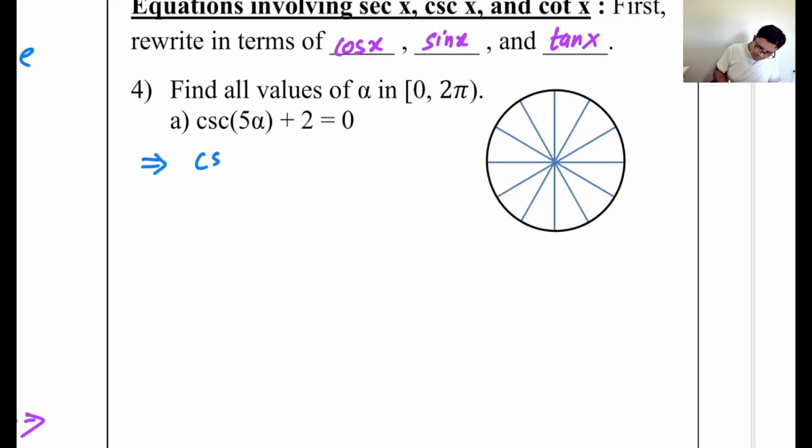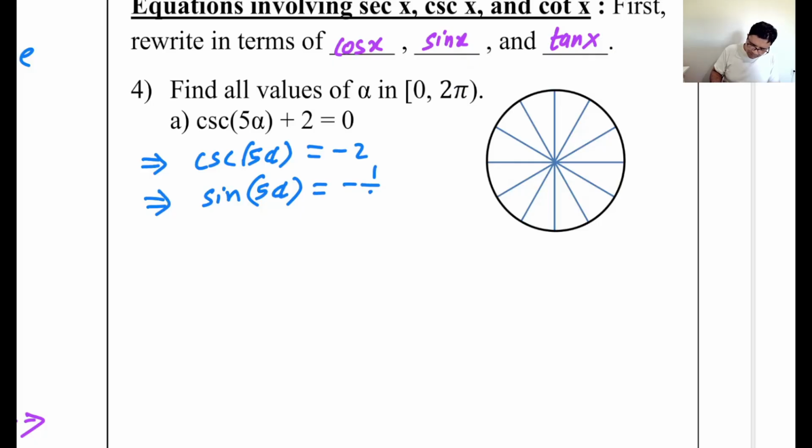First of all, isolate this cosec, so it will be easy to convert. If cosec of 5 alpha is -2, you can say sine of 5 alpha is negative half, a reciprocal, right?